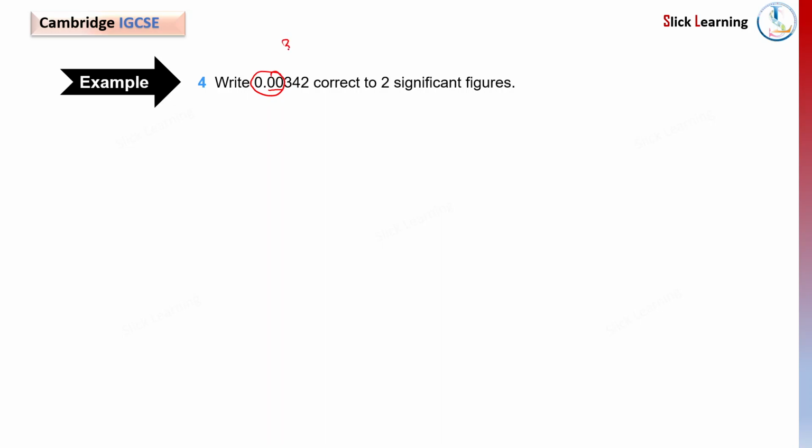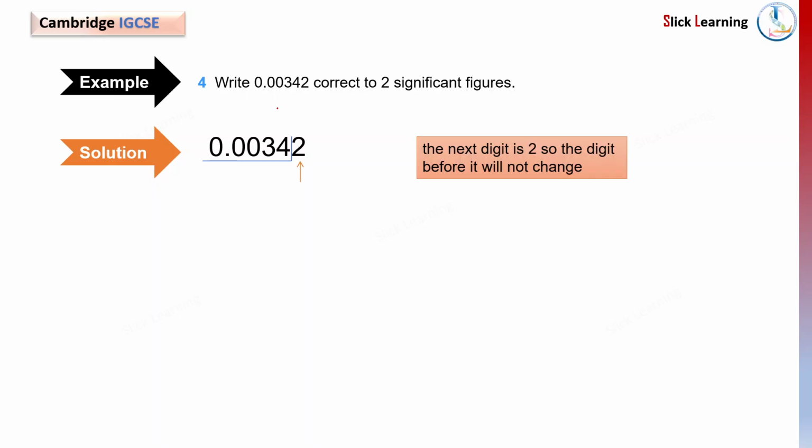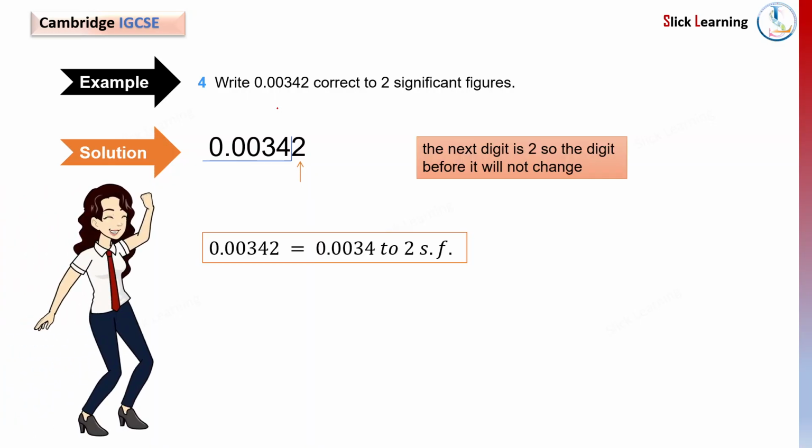So this one has 3 significant figures, but we have to give the answer up to 2 significant figures. So we are going to count up to 3, 4, and we look at the number just after 4, that is 2, which is lesser than 5. So we are not going to make any changes, and finally your answer will be 0.034.